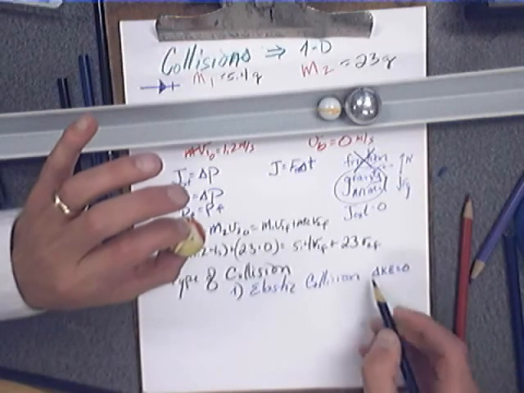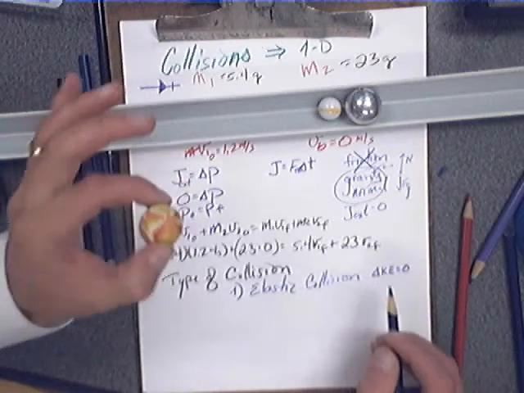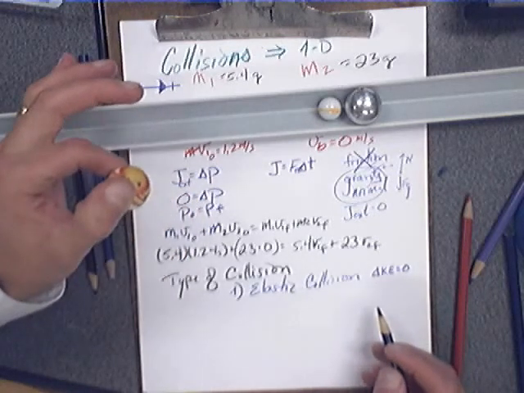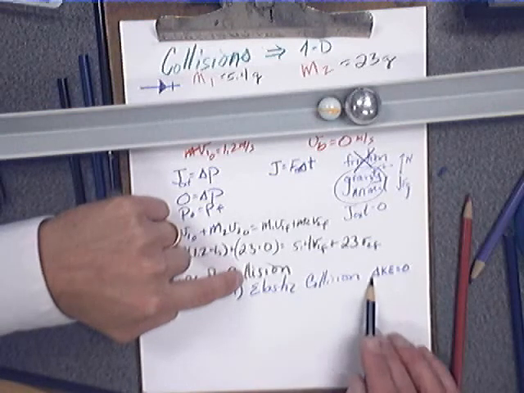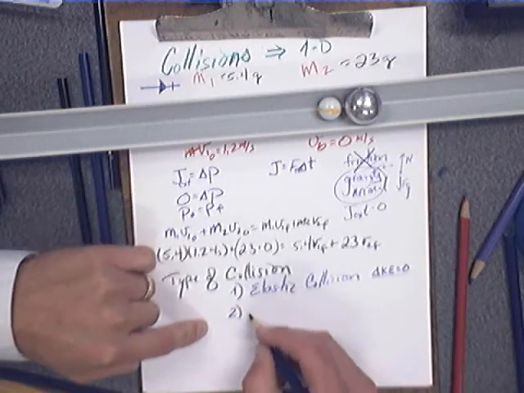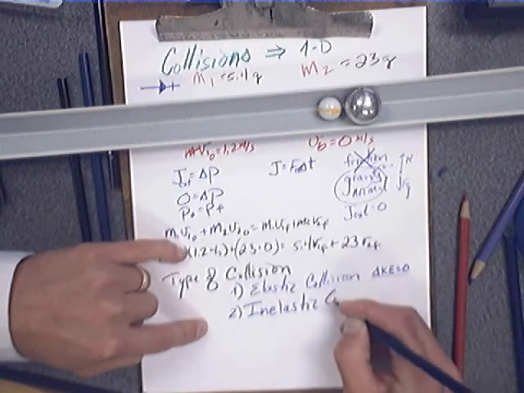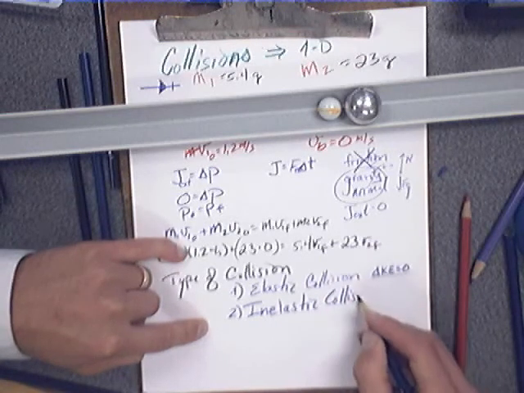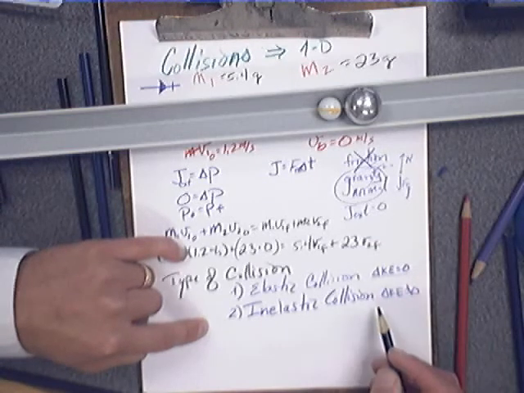The change in kinetic energy is 0: the kinetic energy I started out with has to be the kinetic energy I end up with. If this condition does not exist, it's not an elastic collision. It's called an inelastic collision, and by definition, delta KE doesn't equal 0.